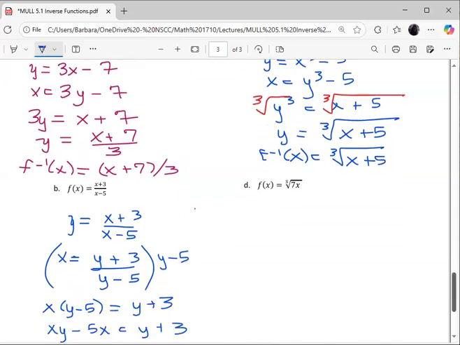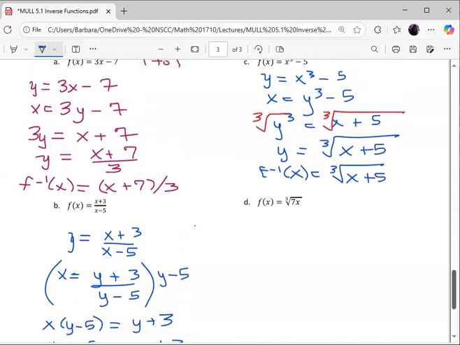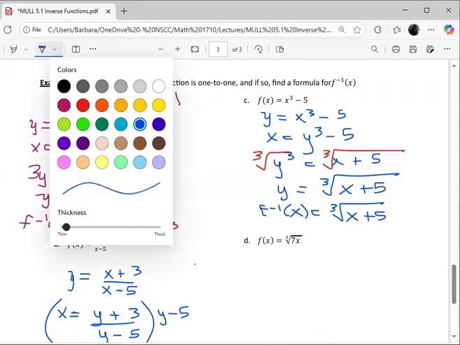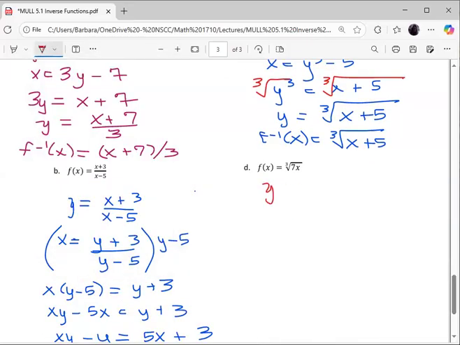And then our last problem is f of x equals the cube root of 7x. All four of these are one-to-one functions. If you graph them on your calculator, you'll see that it passes the horizontal line test. Replace f with y. Switch the variables. And solve for y.